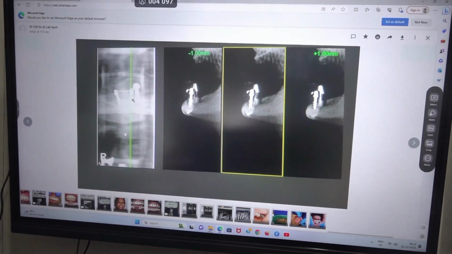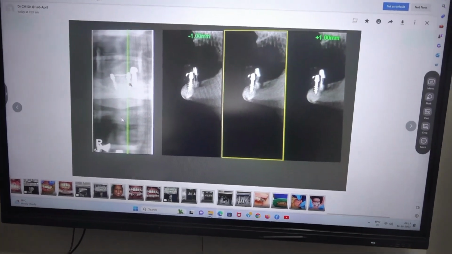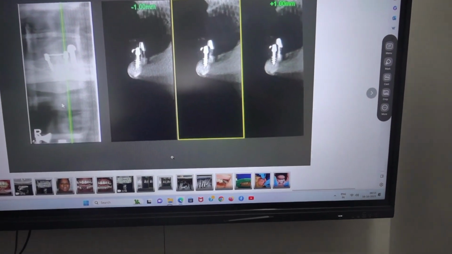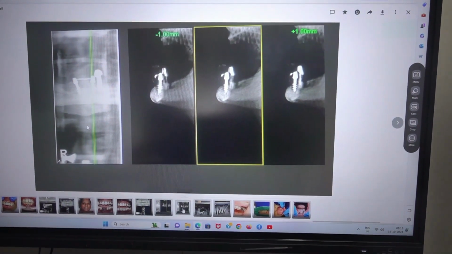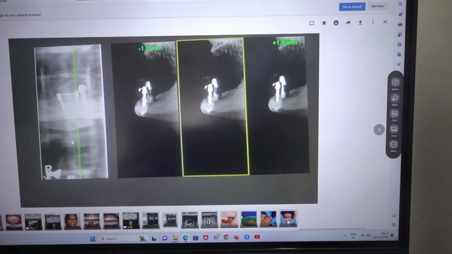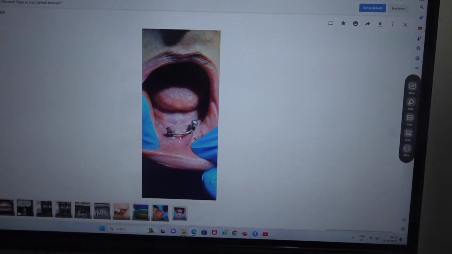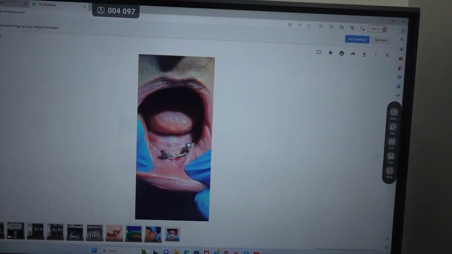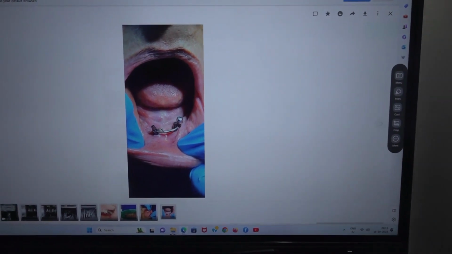Yeah, D1 bone. Maybe under drilling or overheating, bone debris locked inside. Okay, then yeah, aseptic bone necrosis. Yeah, they have welded it. Maybe the welding may be active, we don't know. So it's a speculation, we cannot tell the exact answer.